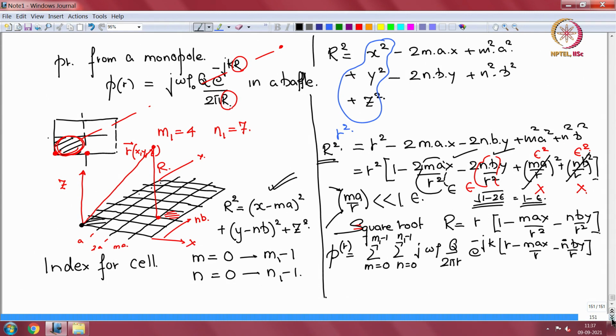Okay, so that's the pressure summed over all the monopoles.